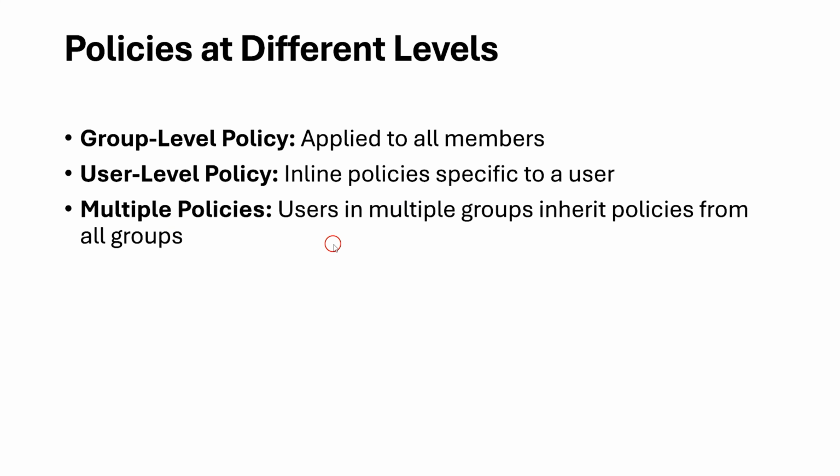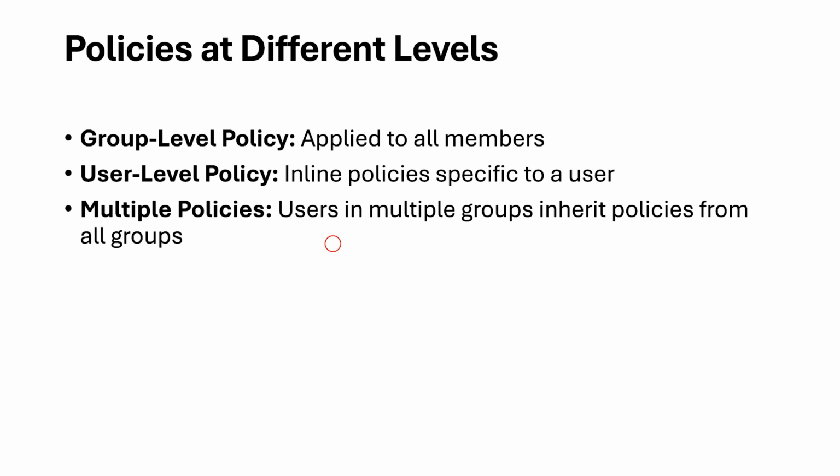And finally, multiple policies. Usually users within groups will be subject to this multiple policies concept. If you attach a policy to a particular group, that policy will be applied to all the members in the group. Now, for example, you have three groups, group A, group B, and group C, and the same user, Aditya, can be present in all of them. We already learned this concept in the previous session.